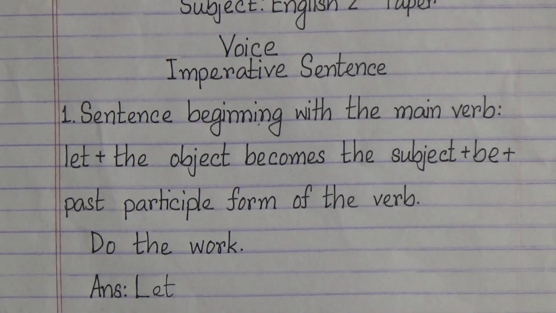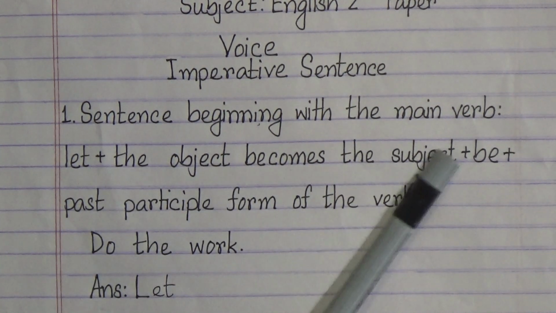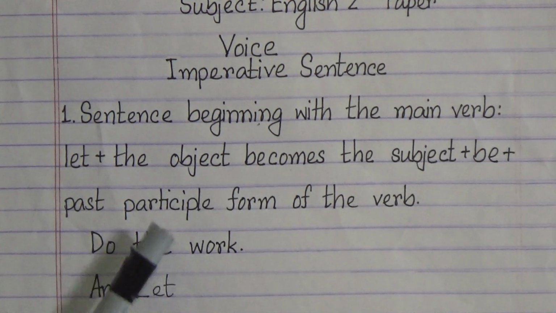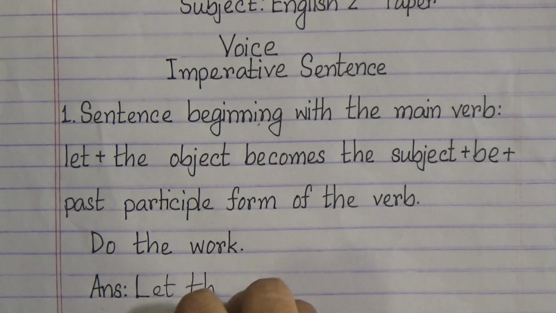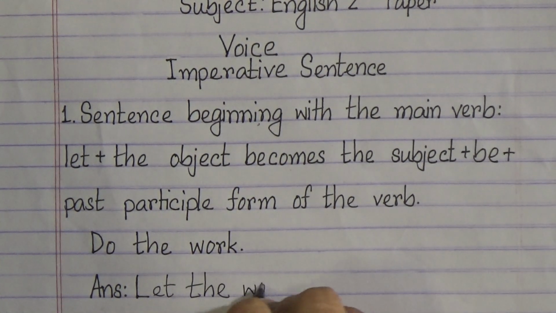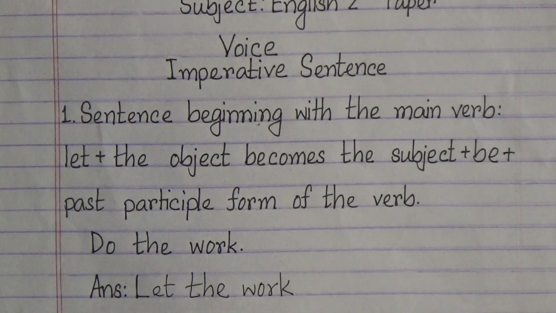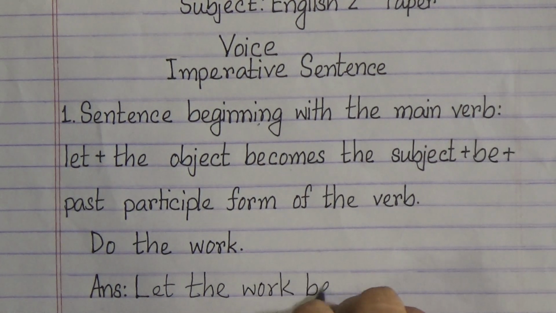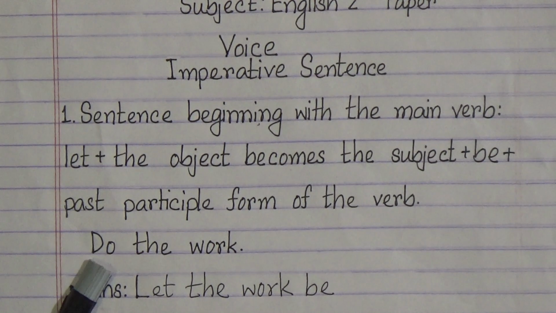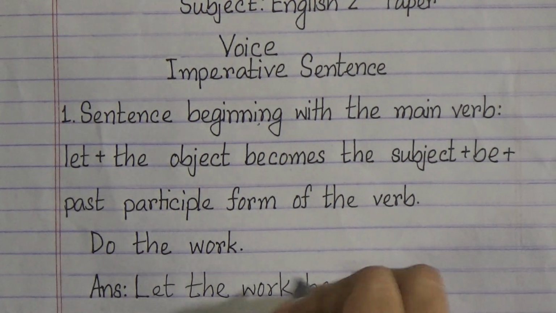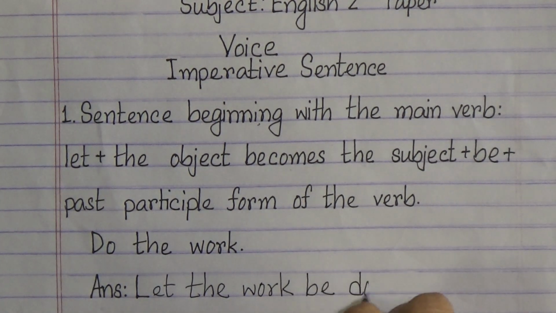Then the object becomes the subject. So what is our object? Our object is the work. Let the work. Now look, then we will write be. Let the work be, then the past participle form of the verb, that means past participle form of do, so it will be done. Let the work be done.